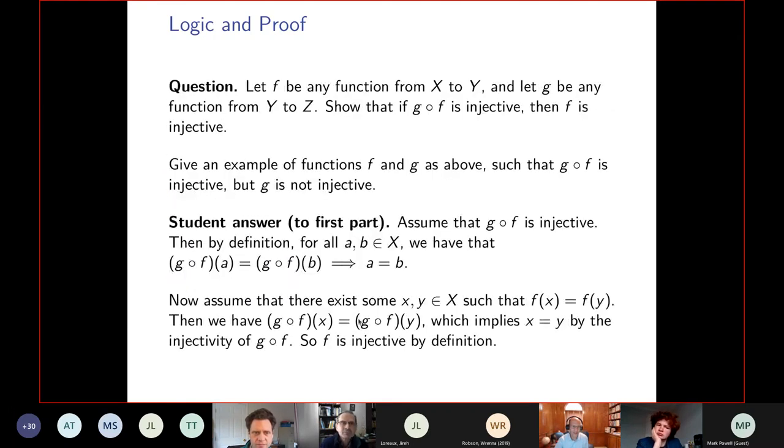Here's a common student mistake. At this point, they want to say let x and y be arbitrary elements of X, and suppose f of x is equal to f of y. Students do this a lot. They say instead, now assume that there exists some x and y in X, which is kind of funny. We know what they mean, but it's not how they should be phrasing things. But they're pretty much getting it.